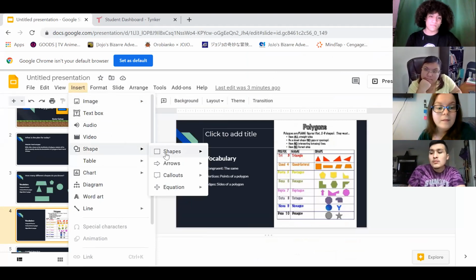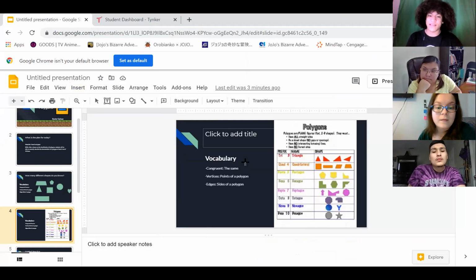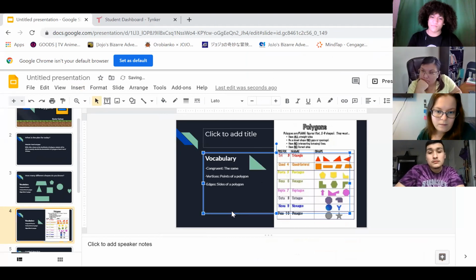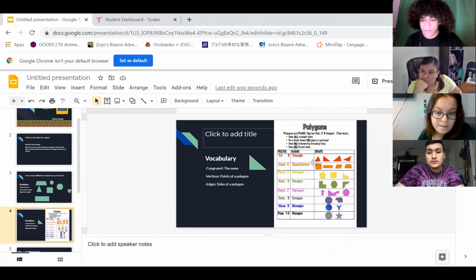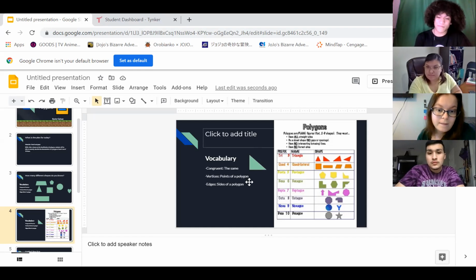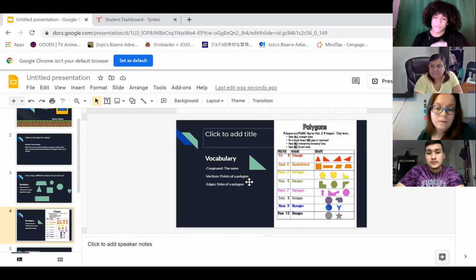Now, do you see any triangle that looks like this on the chart? Yes. It's this one, right? Okay, so how many sides does it have? Or how many edges? Let's use our new vocabulary. How many edges does it have? 3. Okay, what else does it have that we can use to classify it? Vertices, yes. 3 edges and 3 vertices.